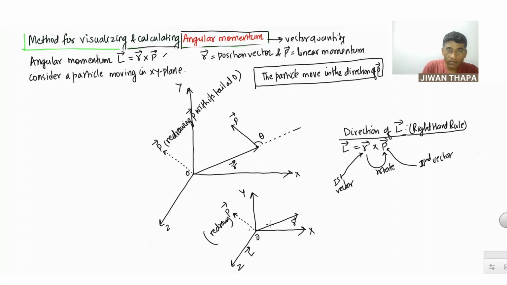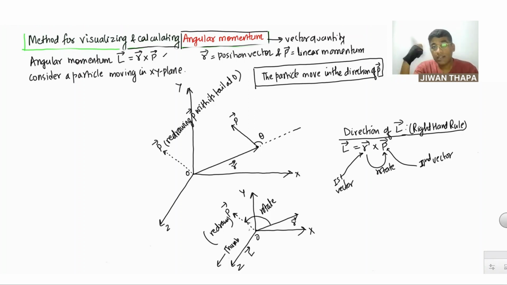Now when we rotate the position vector towards linear momentum, then what do we find? As I said earlier, when we rotate the fingers of the right hand, which is pointing along the position vector, towards the linear momentum, then the outstretched thumb points along z-axis.